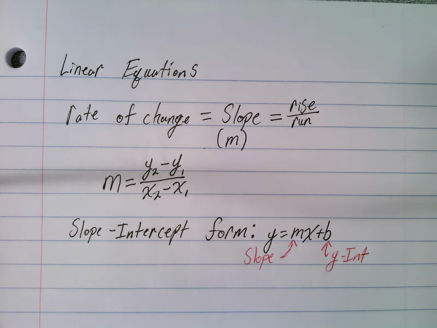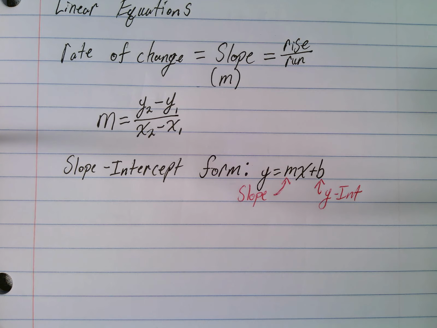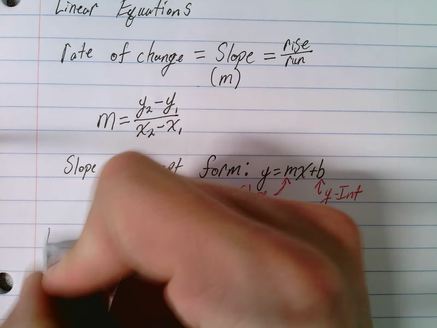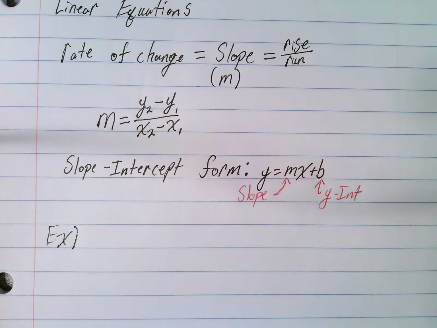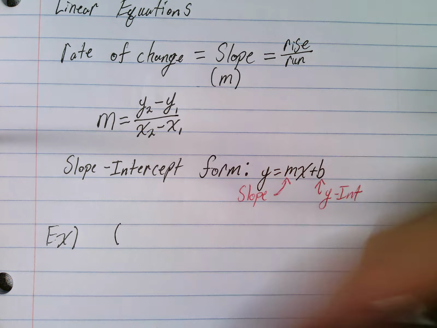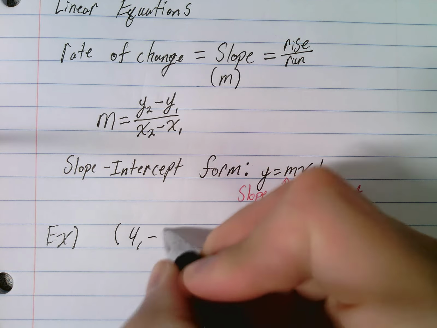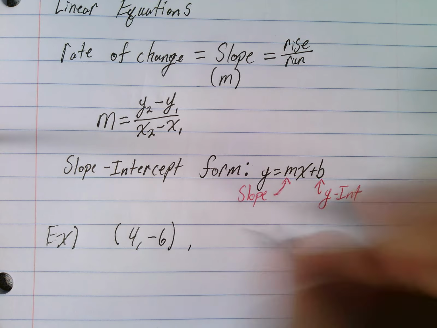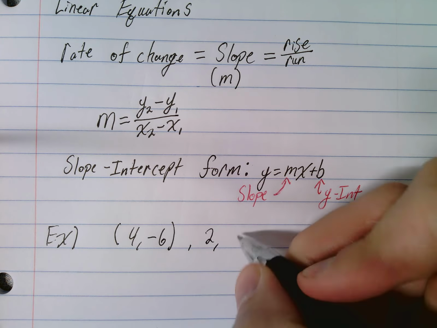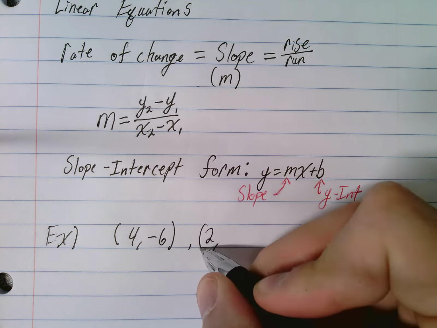let's see if we can write some things in slope-intercept form here. This will be a good example review. Let's say that I give you the 2 points, 4, -6, and 2, 4. If I want to write an equation for these 2 points in slope-intercept form, what do I need?